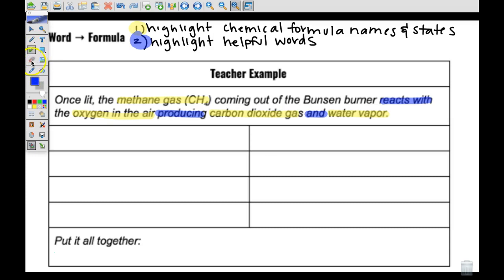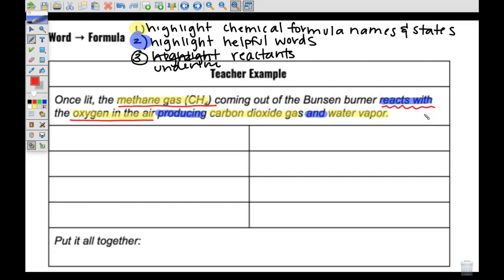The next step is to underline my reactants in one color so I know which one is which. I think methane gas and oxygen in the air are my two reactants, because of this phrase, reacts with.